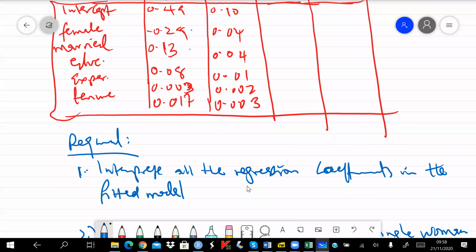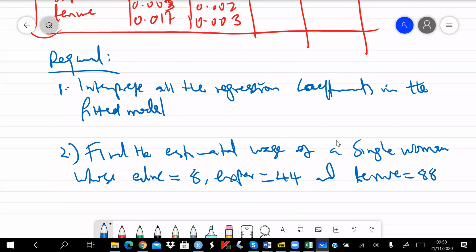Then the required second part is that you find the estimated wage of a single woman whose education is 8, experience is 44, and tenure is, did I say 88? No, this is 28. So we just need to substitute these values into the model. You notice that single means that married is equal to 0, and female is equal to 1.